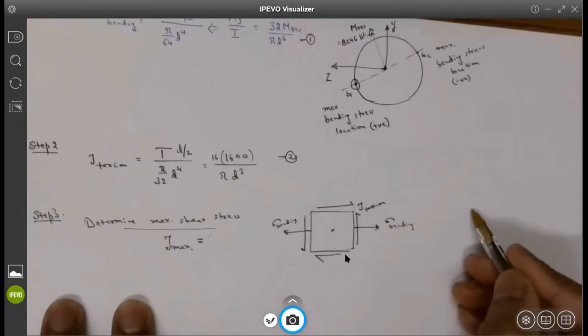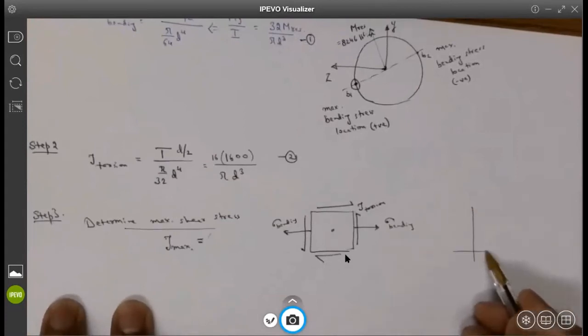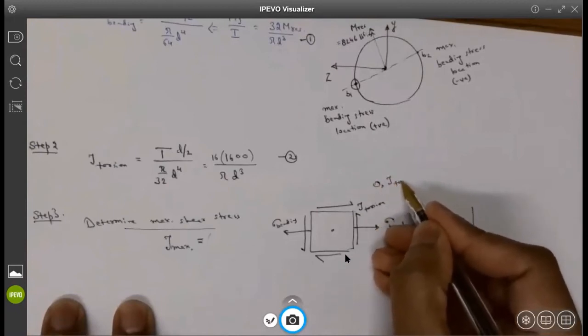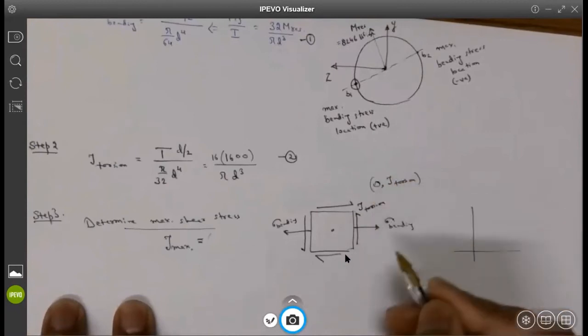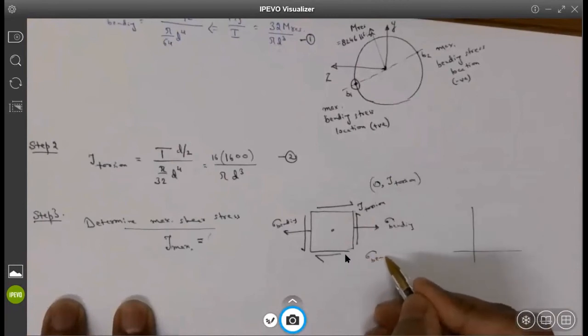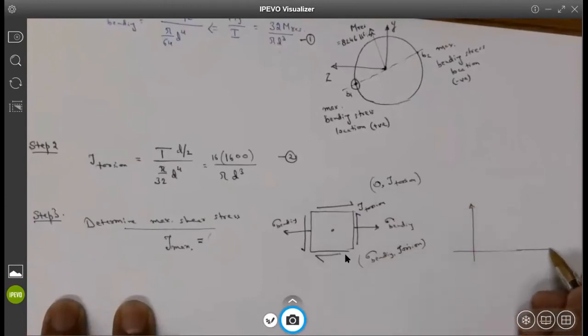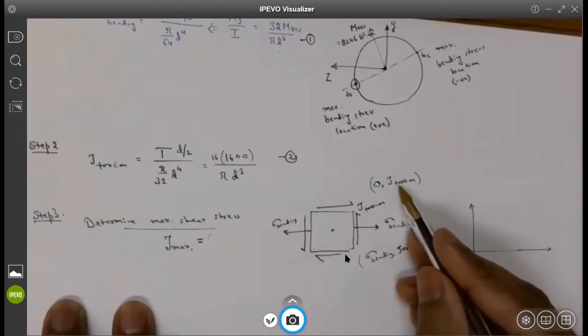Then what I do is Mohr's circle. So I have got one point at 0, tau torsion, and another point at sigma bending, tau torsion. Now I draw Mohr's circle, but to draw it, I need to know what the values are.